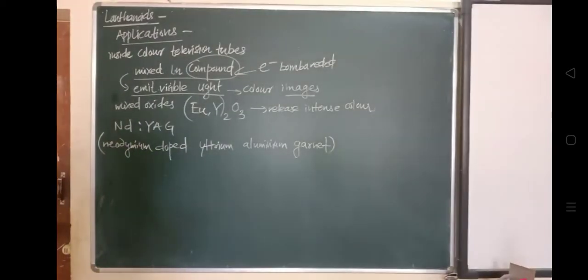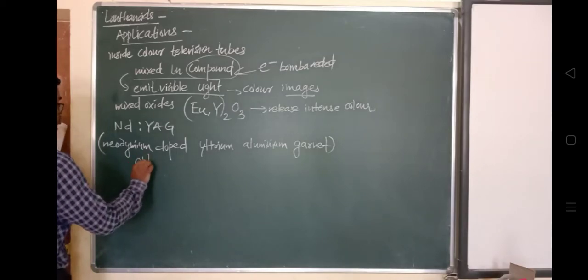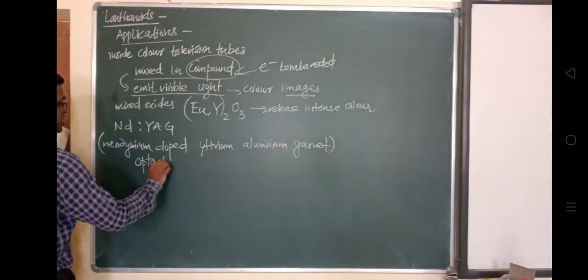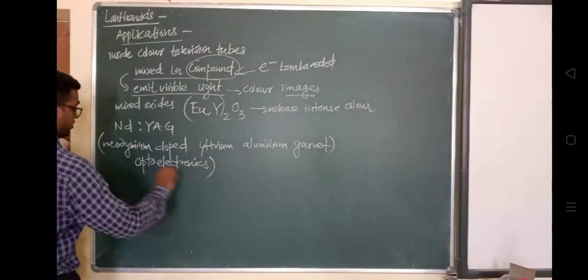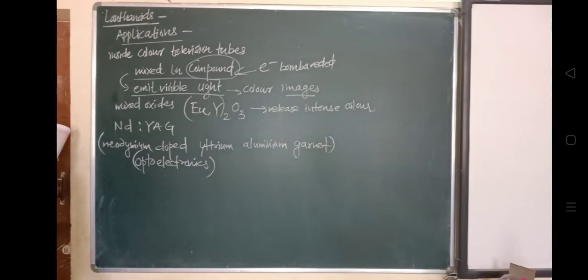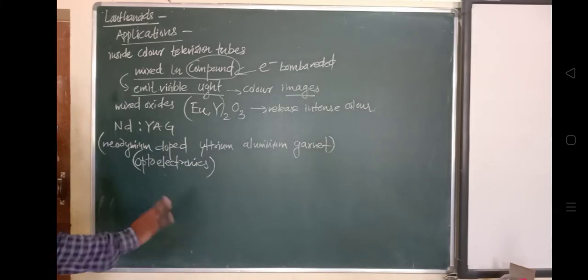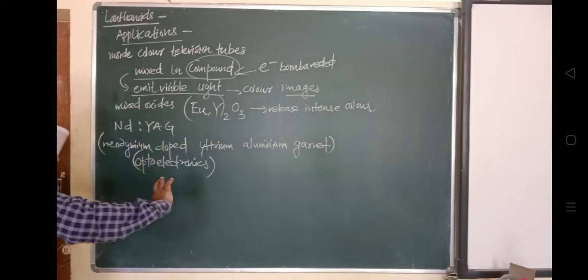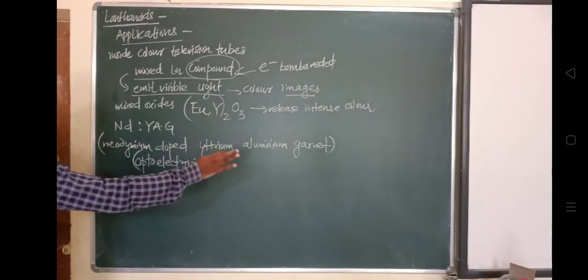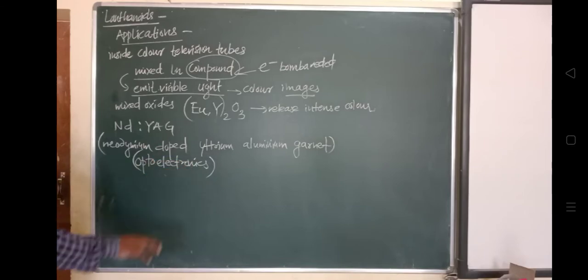Which will give a luminescent material, which will have application in optoelectronics. So in this way there are mostly applications related to optoelectronics, or things which will show some color.